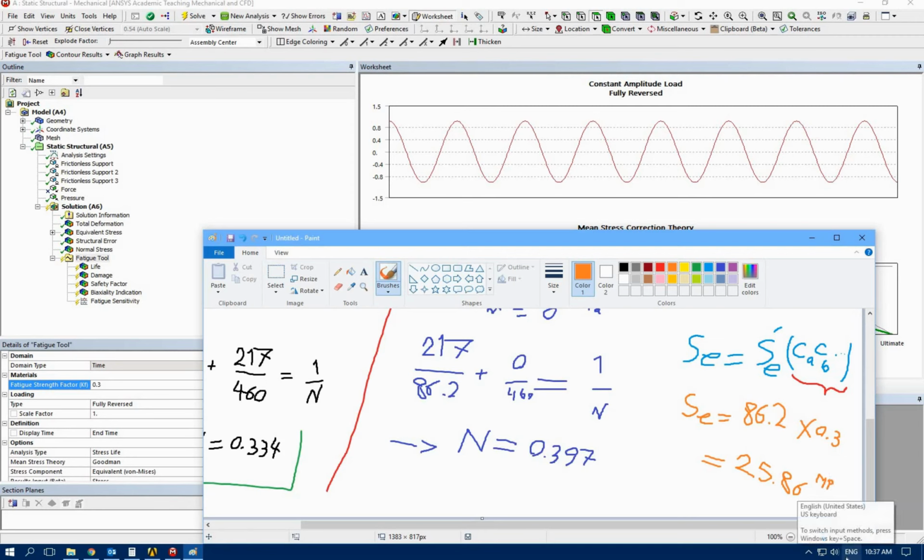Okay, let's do the calculation using the new SE.